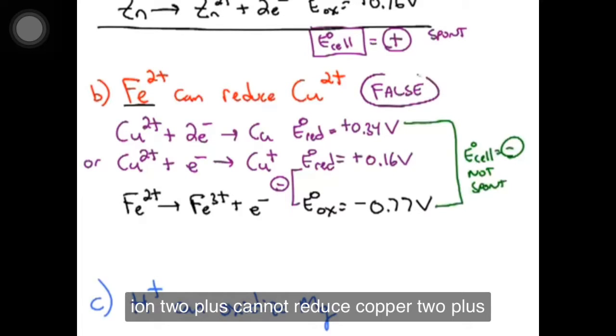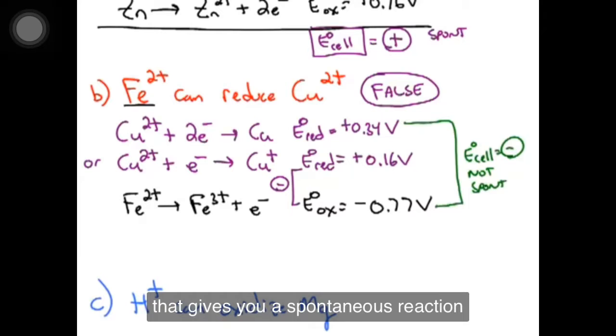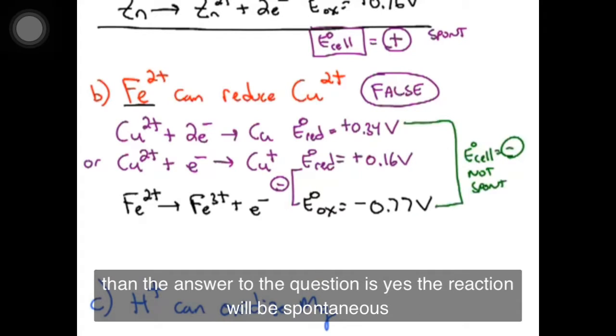Iron 2+ cannot reduce copper 2+. If one answer were a positive cell voltage and the other were negative, the answer would be yes. If you have one possibility that gives you a spontaneous reaction, then the answer to the question is yes, the reaction will be spontaneous.